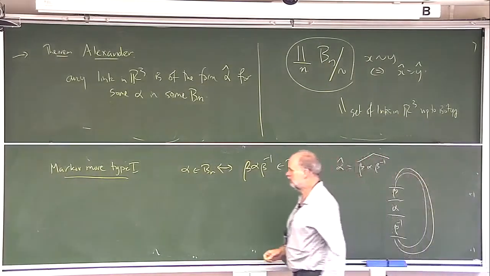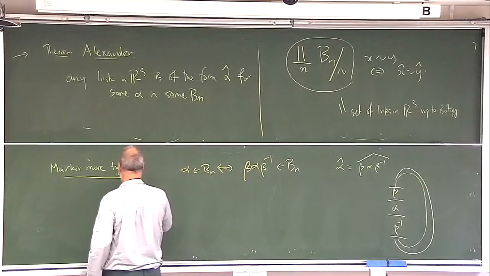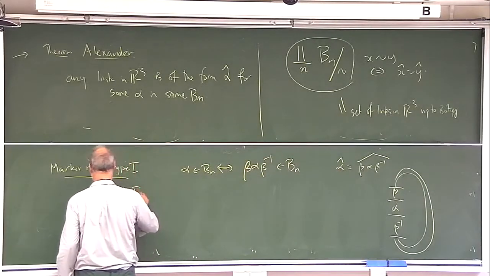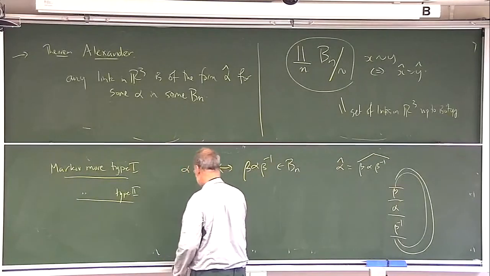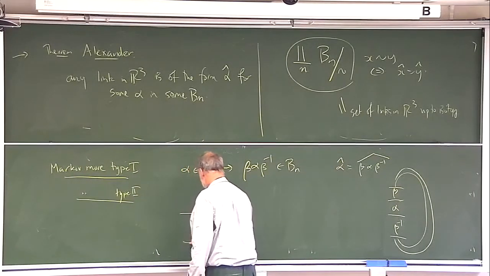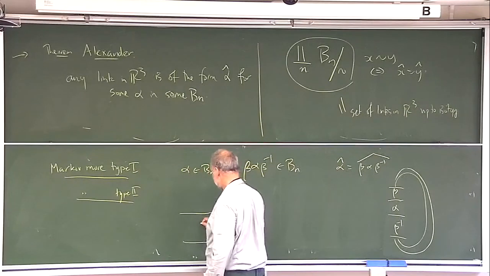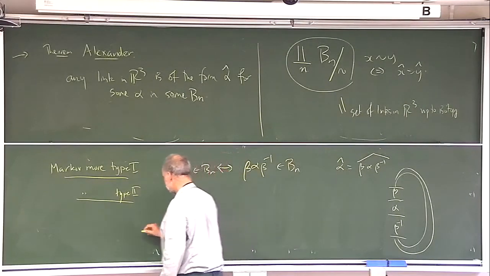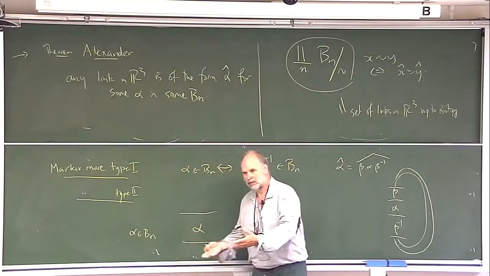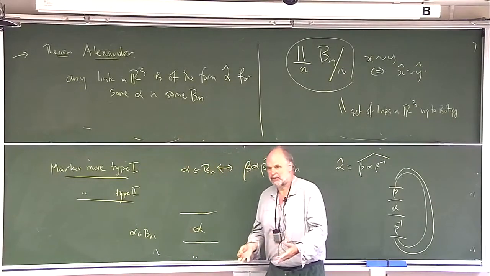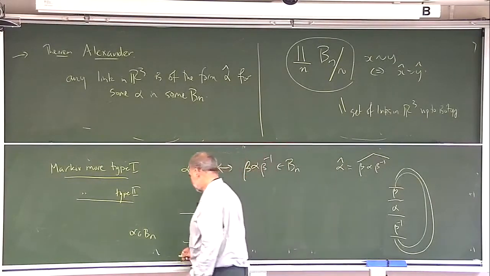So now the type 2 move, slightly more subtle. Let's draw it here. We're going to use a braid alpha in Bn, and the first thing we're going to do with it is to move it up to Bn plus 1. We're going to add a string to it.